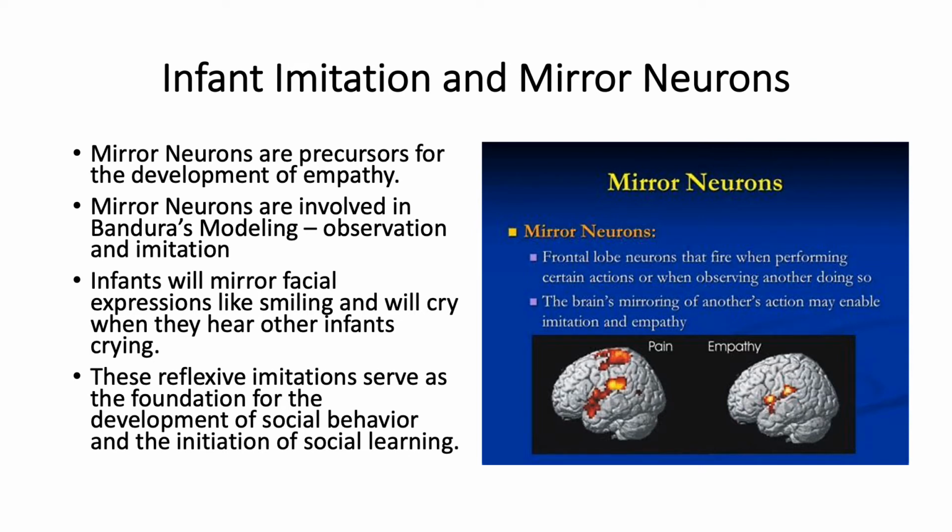Also, when you look at Bandura's theory of modeling, observation and imitation, mirror neurons may serve a purpose in the observation and imitation process in Bandura's modeling behavior. That explains to a large extent why we can see some of these responses before we even have the underlying processes like cognition or complex emotions.